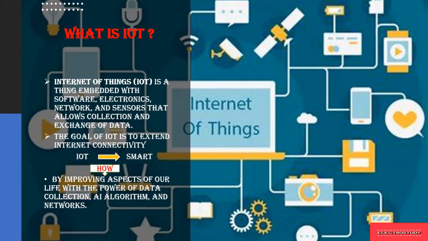It improves each and every day of our life based on some technology. It is growing. We use AI algorithms, we use data collection to maintain the database, and we use different networks to connect all the collected data in one place. This complete process which we see in daily life is nothing but IoT.